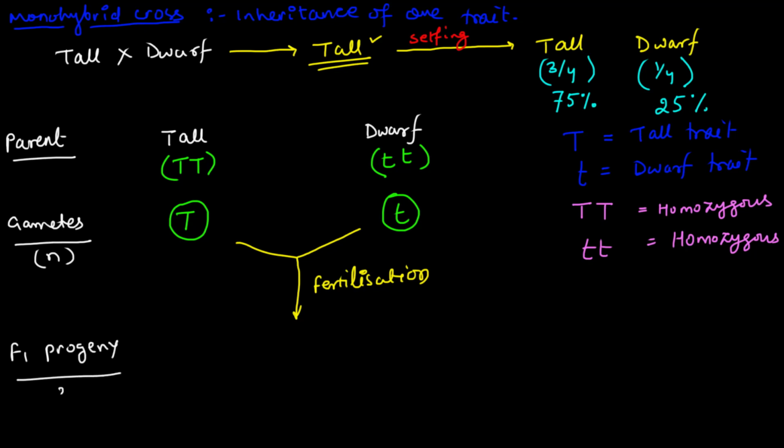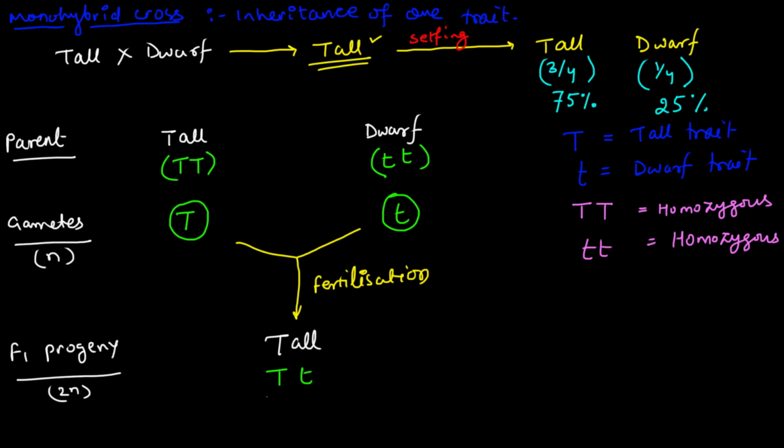And again, they will be diploid in nature because we are fusing two haploid gametes to get a single diploid structure. And here the progeny that Mendel found, as we have already talked, were all tall. And the allelic composition in this case is going to be capital T, small t.